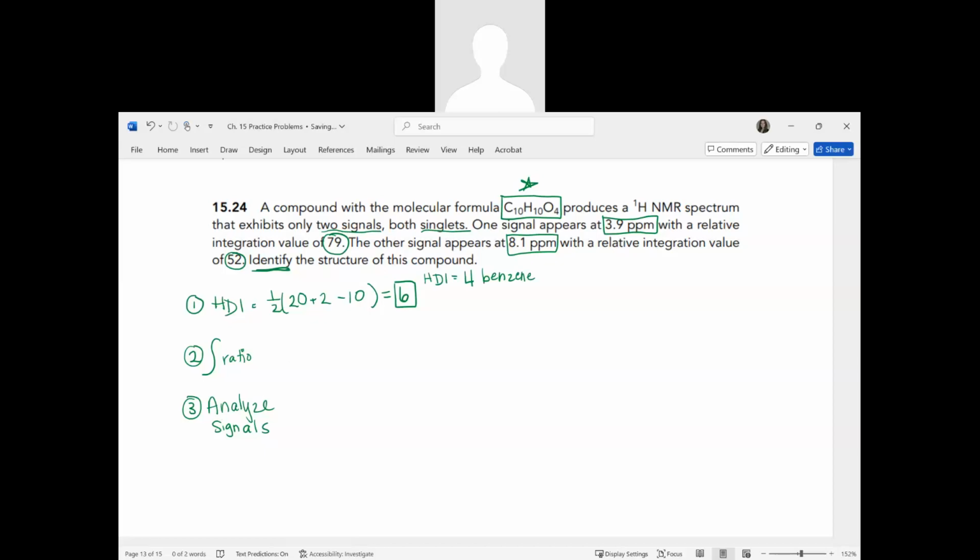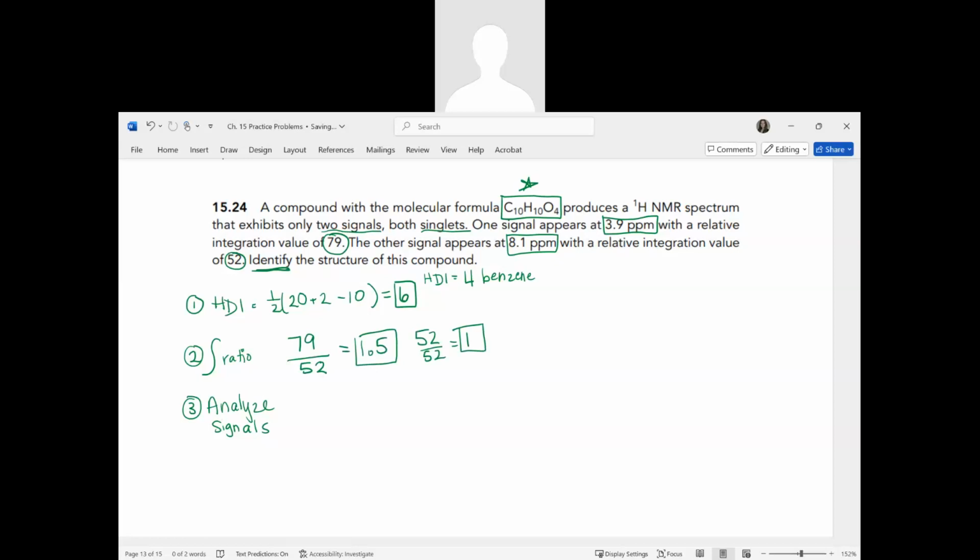Then in a second step, we can look at the integration of these signals and find a ratio. Our first signal has a relative integration of 79, and the second has 52. We'll divide each by the lower value. So 52 over 52 gives us 1, and 79 over 52 gives us about 1.5.